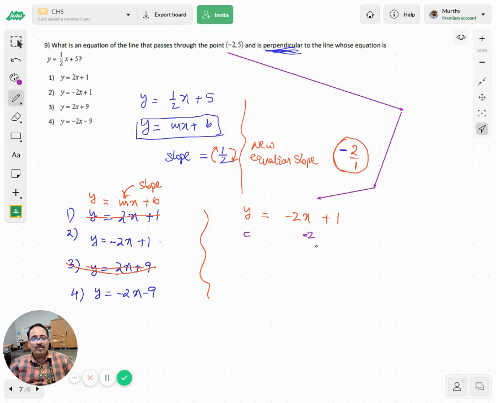The value of y equals 5. So negative 2 times negative 2 gives me, you can make use of the calculator, 4 plus 1. Oh, so 5 equals 5. Therefore, this is matching after taking this point in the equation, so this is the solution. Therefore, option 2 is the answer to the given question. Okay.